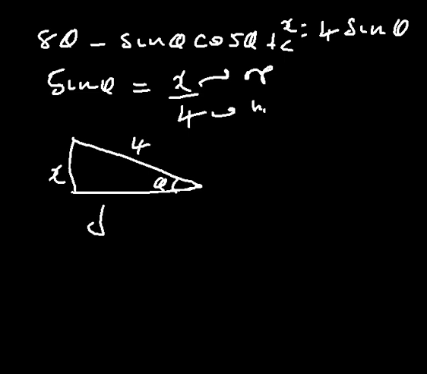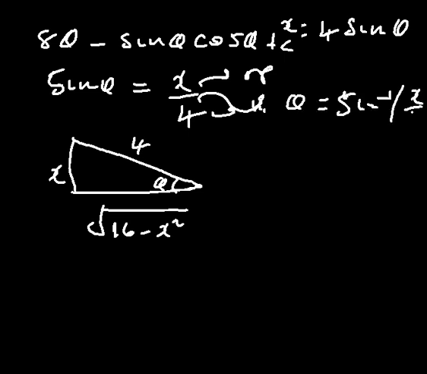Using the Pythagoras theorem, the adjacent side is the square root of 16 minus x squared. And what is theta? Theta is equal to sine inverse of x over 4.